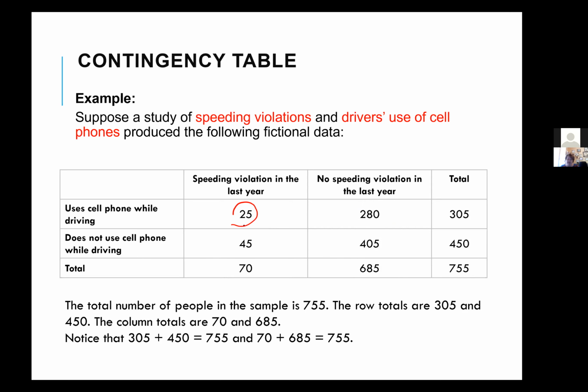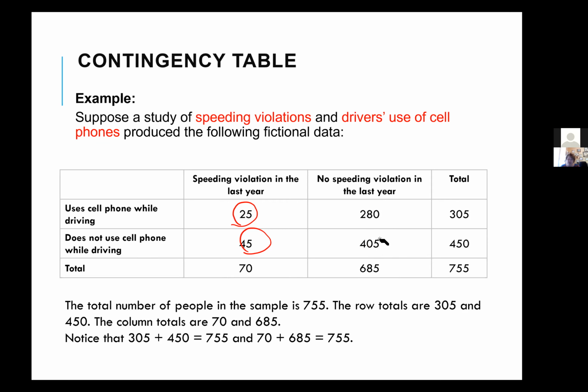And these values inside show us both of them occurring at the same time. So 25, they're using a cell phone and they got a speeding violation. 45 were not using their cell phone and they got a speeding violation. 280 were using a cell phone and did not get a speeding violation. And 405 were not using their cell phone and they did not get a speeding violation.